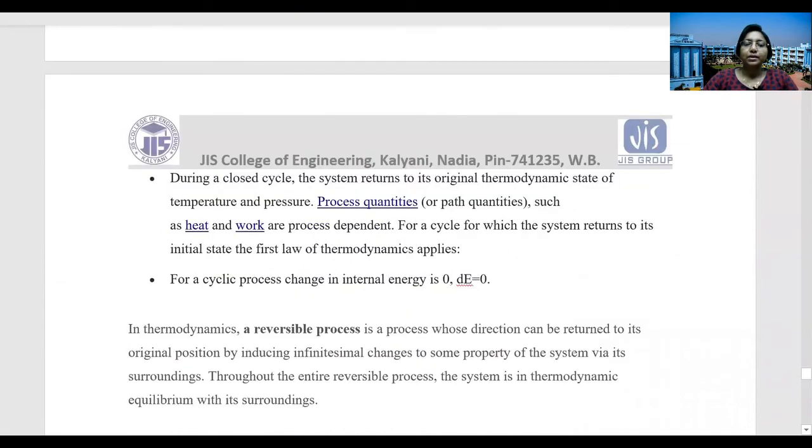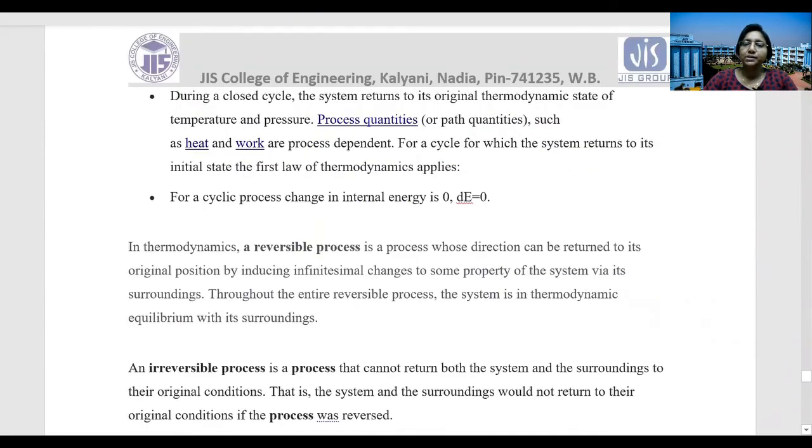For the cyclic process, the internal energy change is zero, as it will follow the path and come back to its initial state. So we get dE equal to 0. The internal energy change is 0.